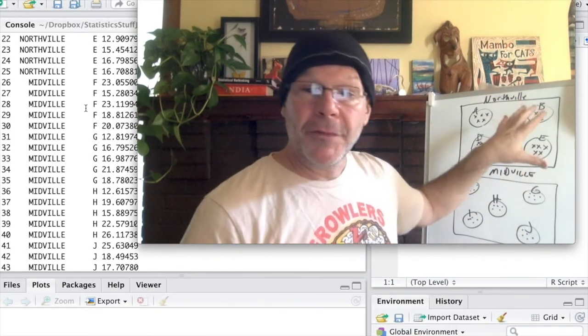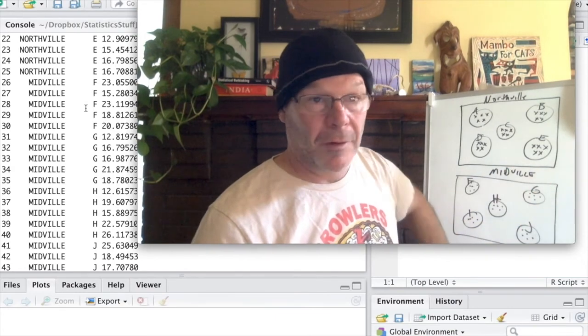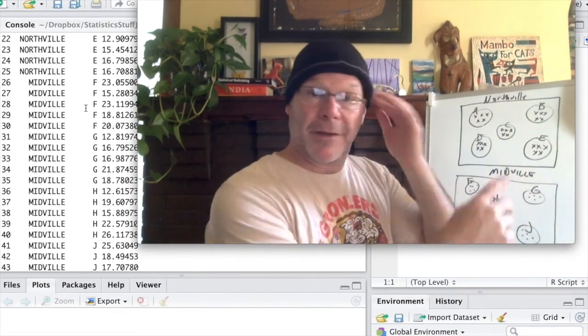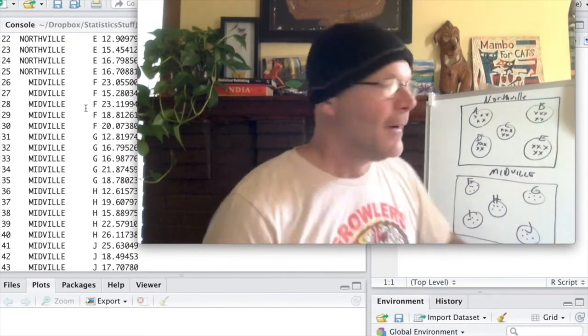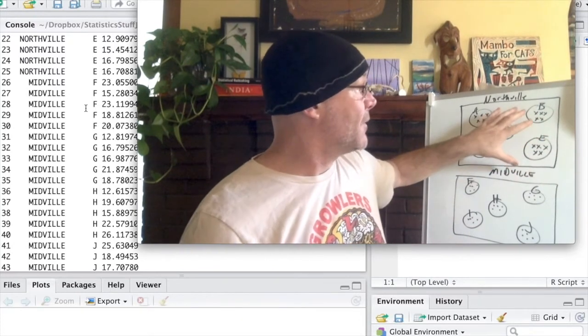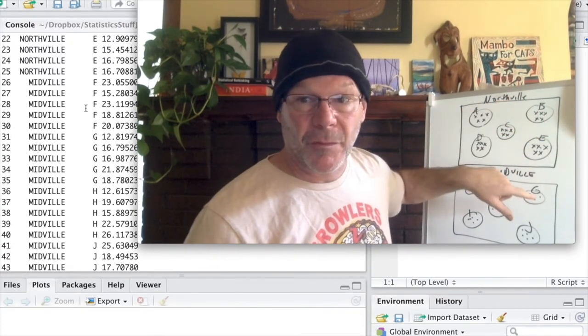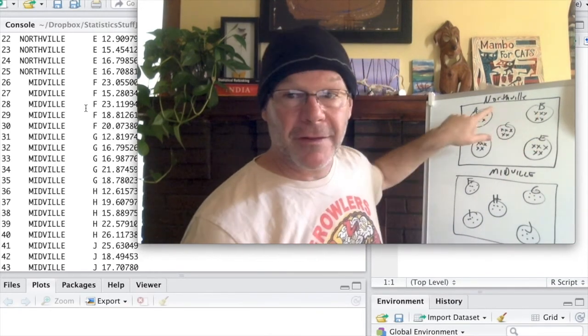If we're interested in the differences among towns, or among populations, we have 4 of them. We have Northville, Midville, and then we could, if we wanted to waste more time, do Easton and Weston. But it's that same setup, and what we're interested in is whether or not the populations are different from one another, which means that our unit of replication is actually the family.